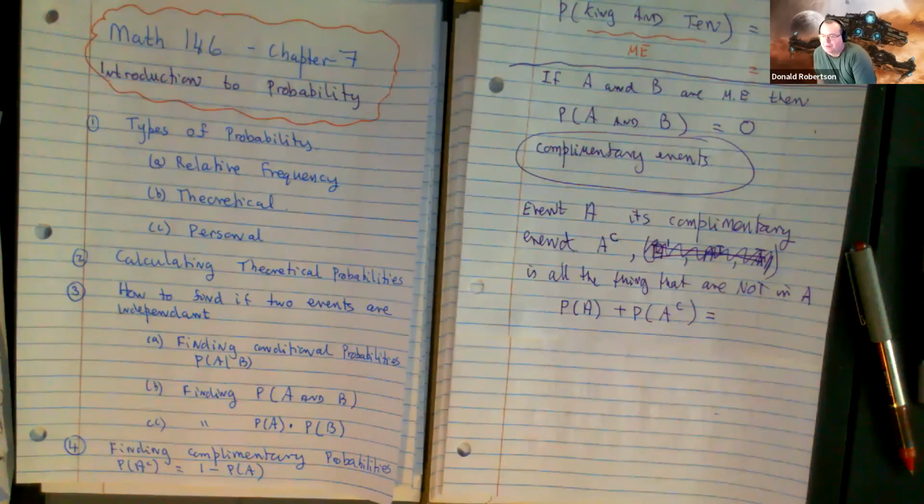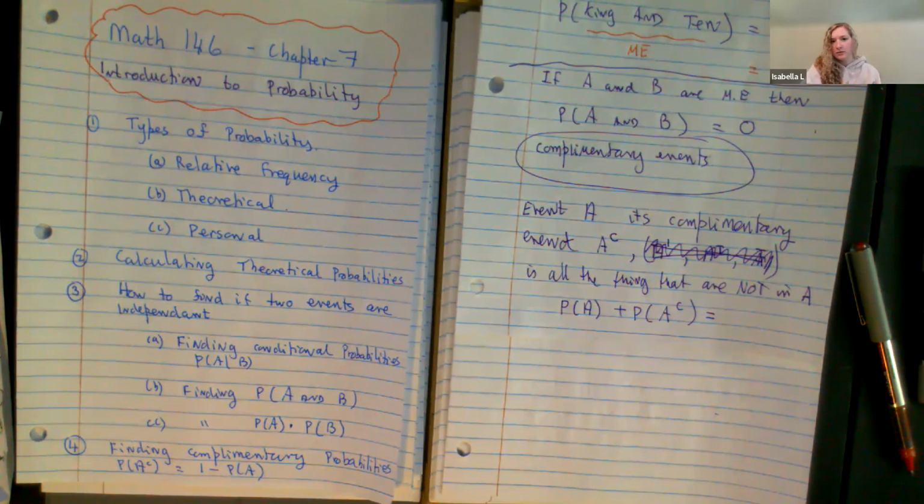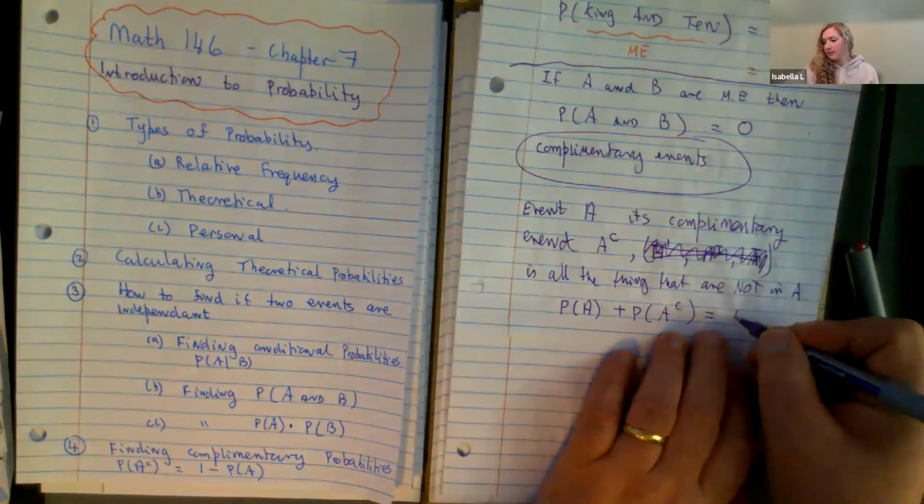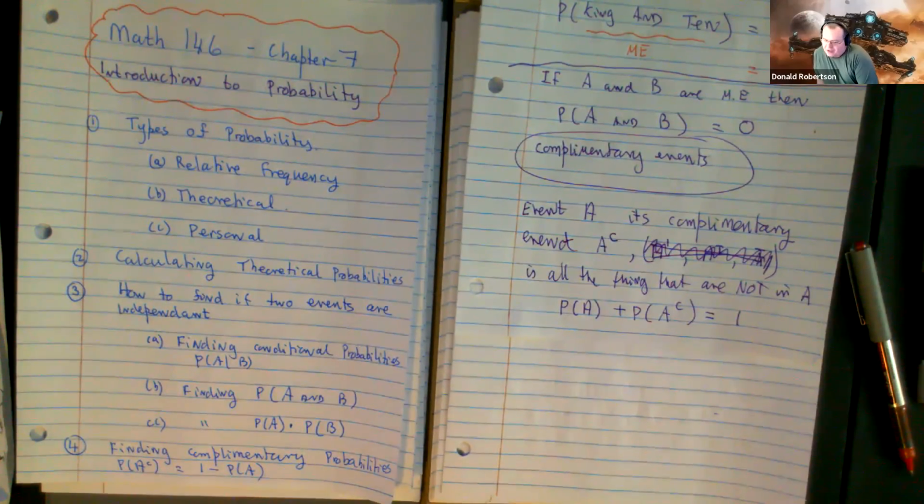It's always the same number. 100%, or 1. Does that make sense, that everything is either in A or it ain't in A, regardless of what A is?